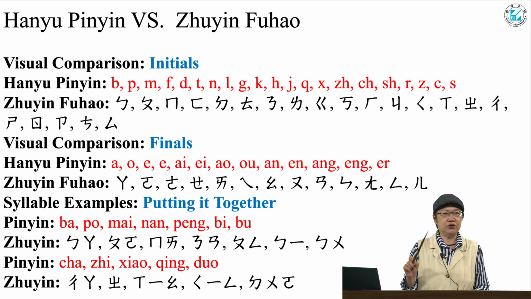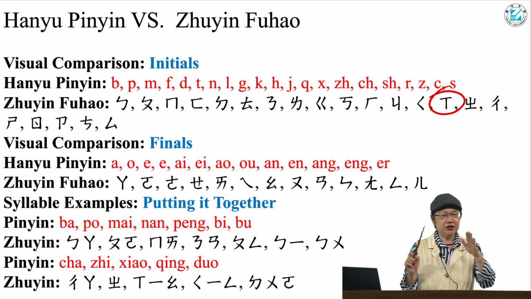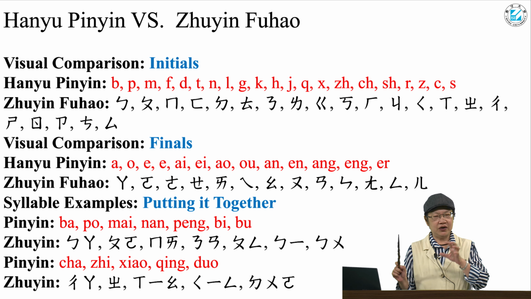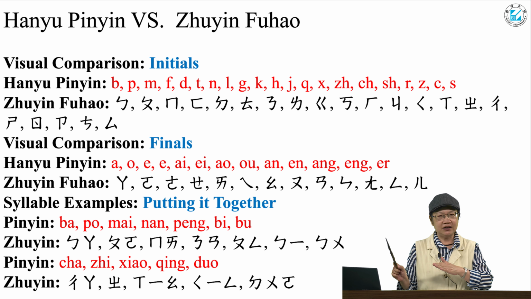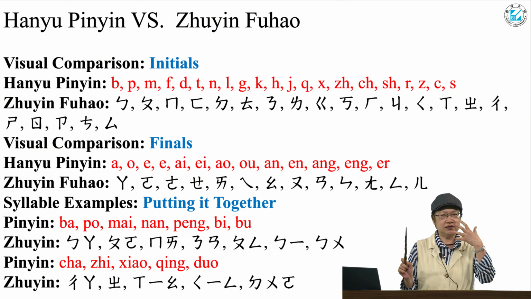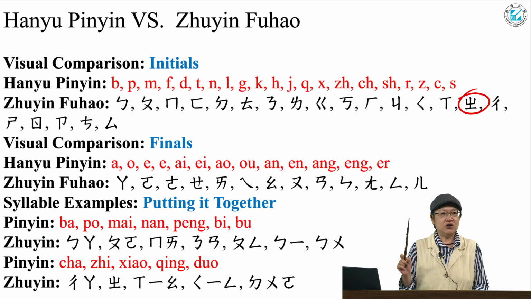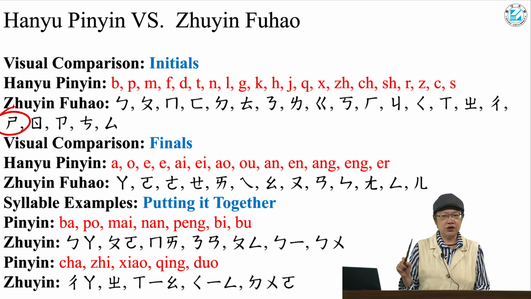And then continue. Ji, qi, xi. Up to here, every sound is very clear. But after that, we have the rolling tongue. That means your tongue has to really work hard. Zhi, chi, shi, ri, zi, ci, si.